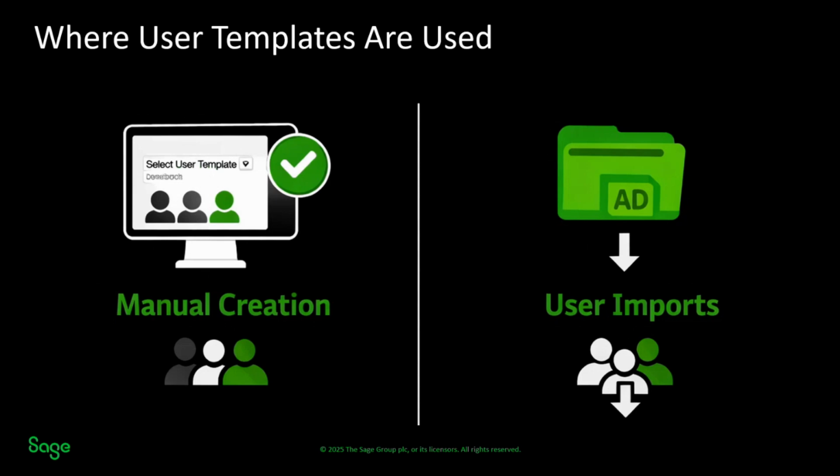But it's also used during user imports, for example, when importing users from Entra or Active Directory. In this case, the selected template is applied automatically to all the users being imported, and it ensures consistency across the batch. So it allows you to import all of your sales users, all of your customer service users, etc.